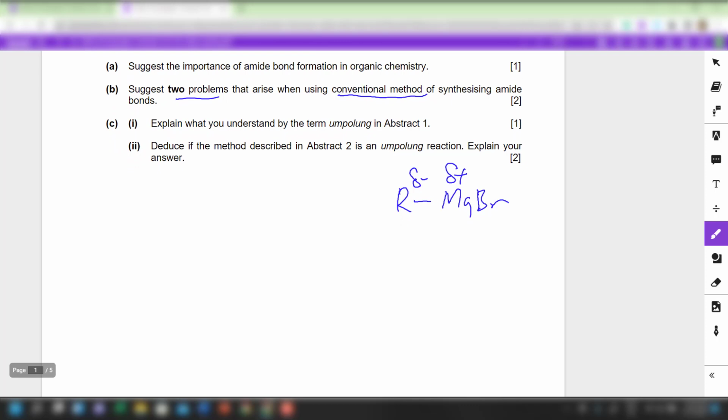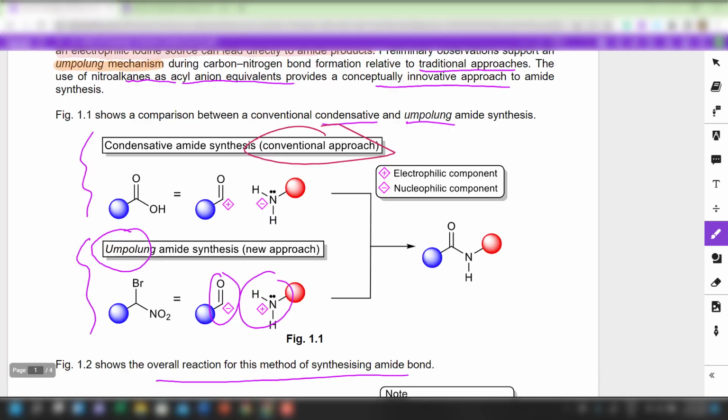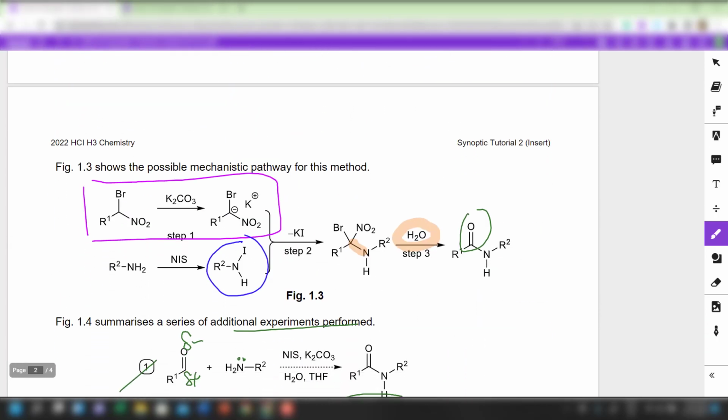We're asked to deduce if the method described in abstract 2 is an Umpolung reaction. So we have to move on to the second abstract.